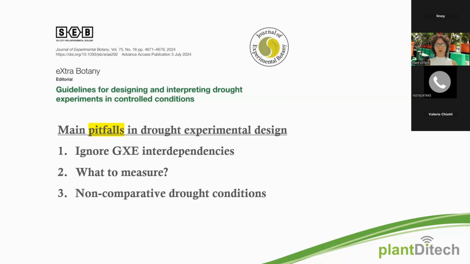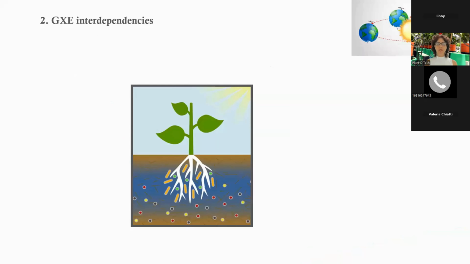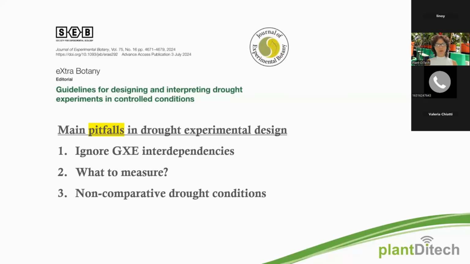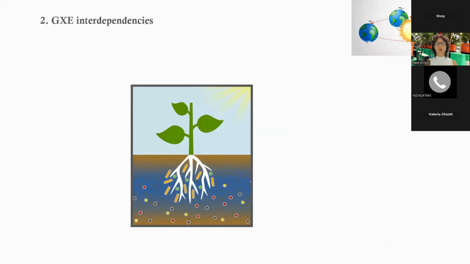Let's start with the first point, ignoring G times E interdependencies, and why it's important not to ignore them. I guess for some of you it's very clear, but maybe not for others.